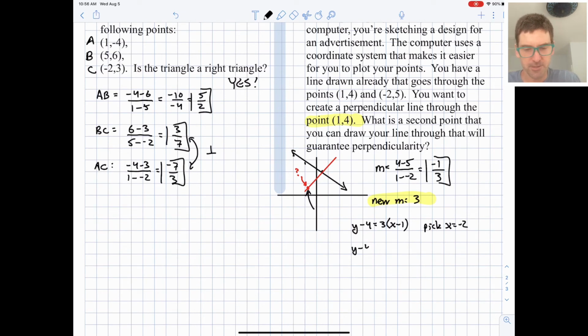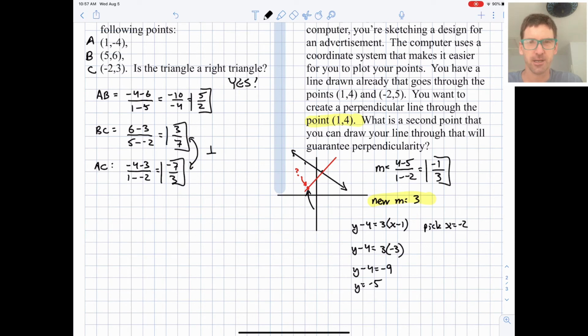So we have y minus 4 equals 3 times negative 2 minus 1, which is negative 3. So y minus 4 is negative 9. Let's add 4 to both sides. So y equals negative 5, right?